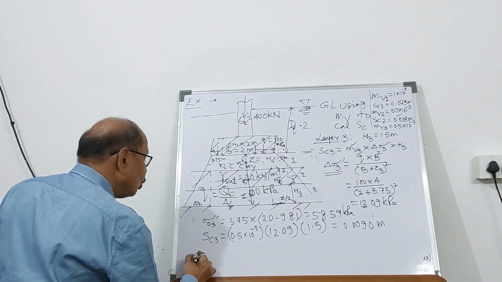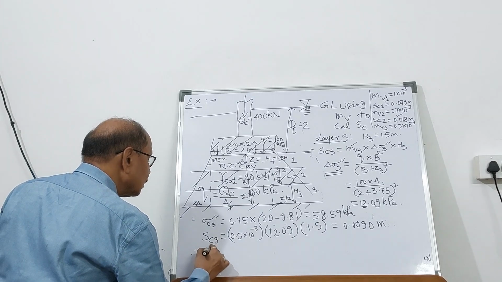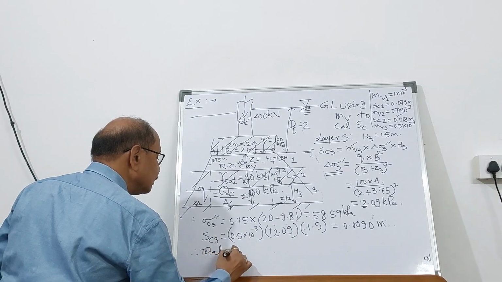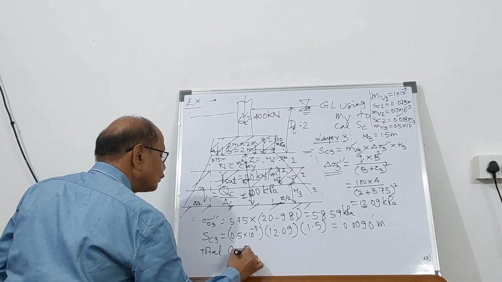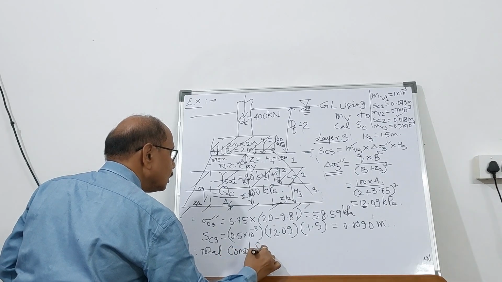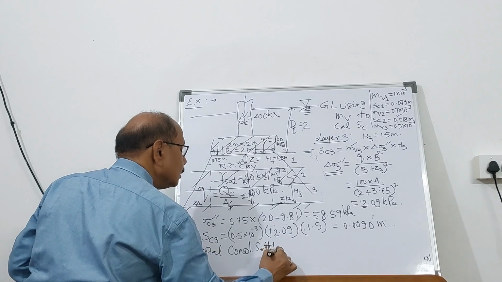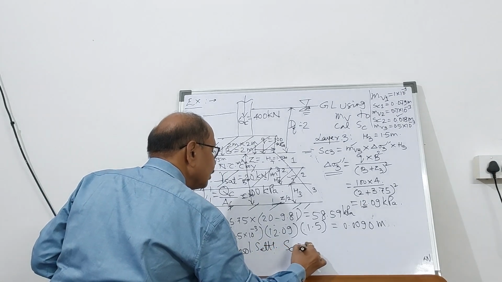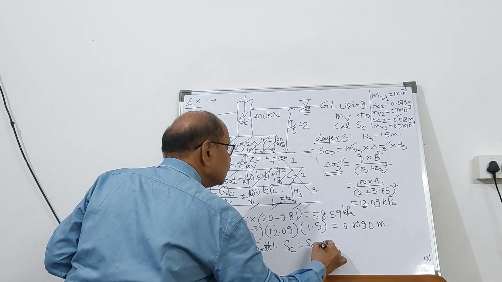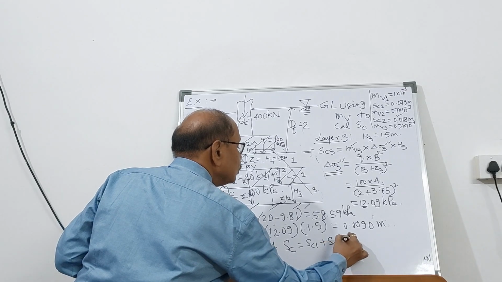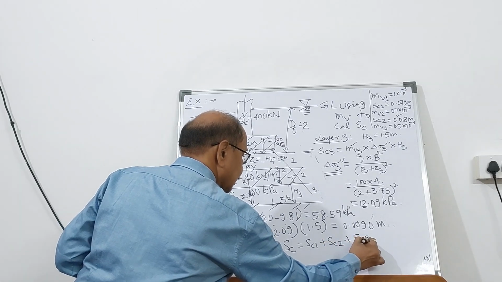Therefore, the total consolidation settlement SC equal to SC1 plus SC2 plus SC3.